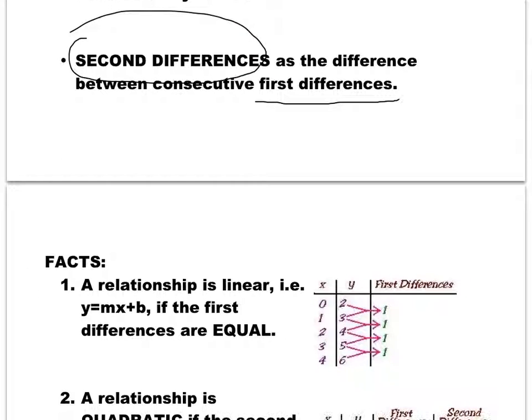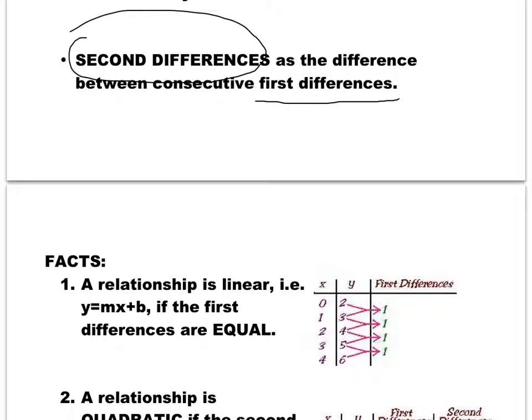Now, in a linear relationship, if you look at the first differences, like in this example, 3 minus 2 is 1, 4 minus 3 is 1, 5 minus 4 is 1, and 6 minus 5 is 1. This is what you learned in grade 9.